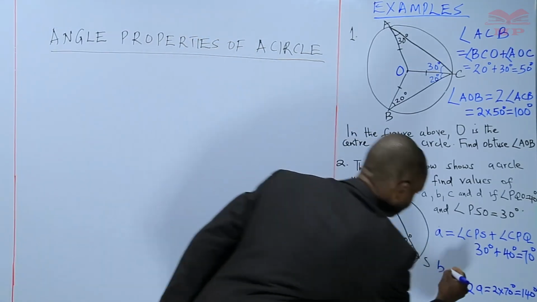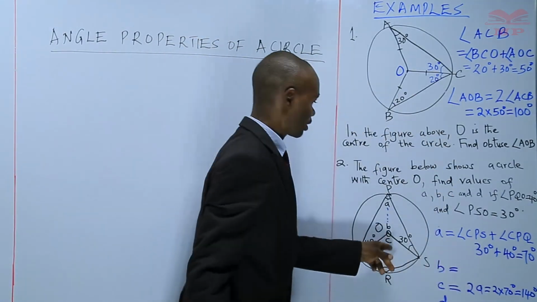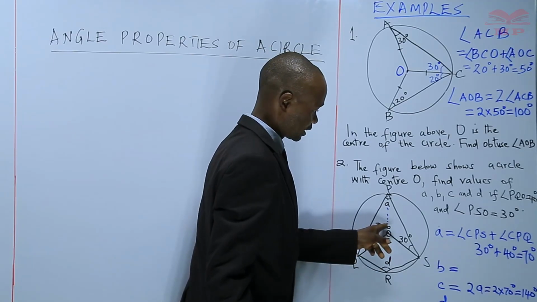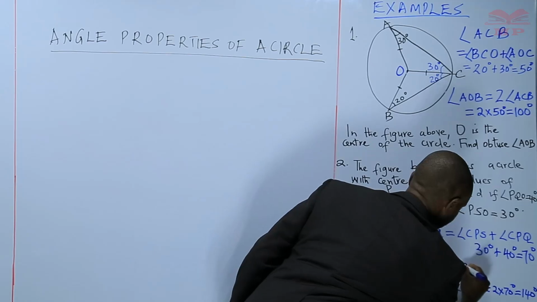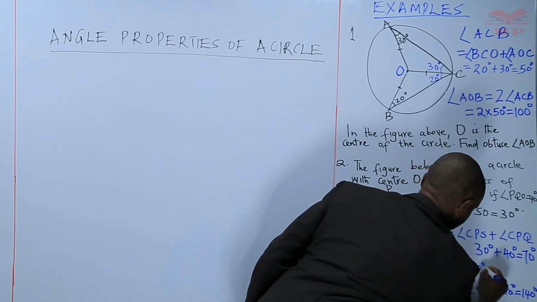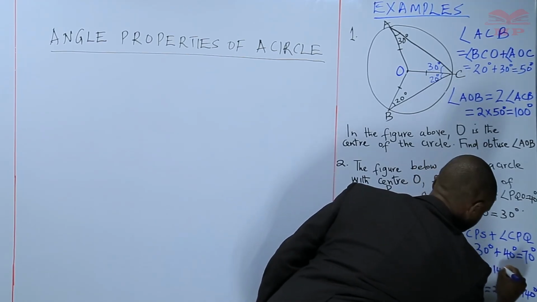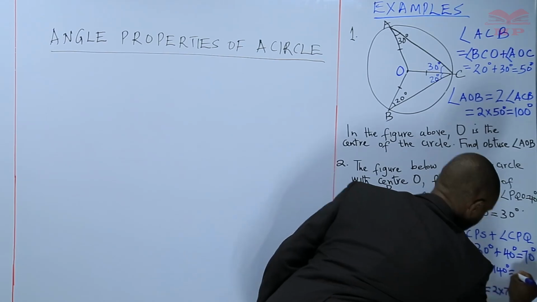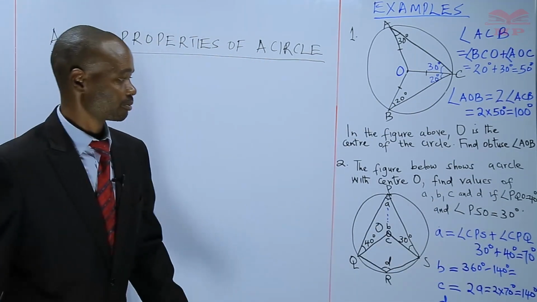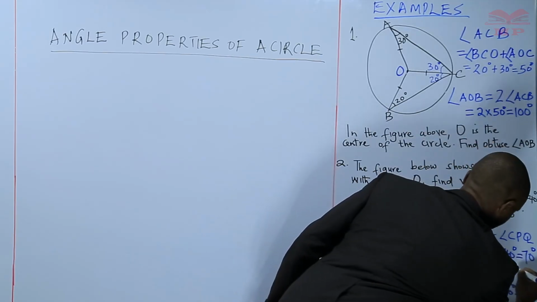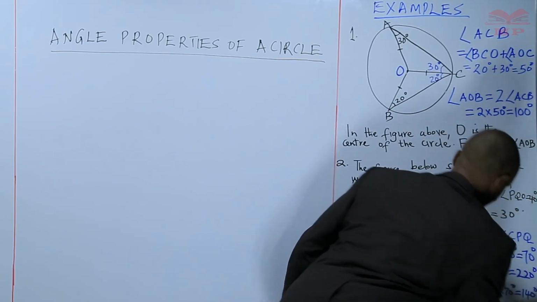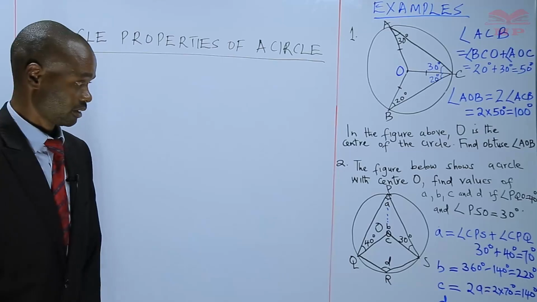So since the two angles add up to 360, B will be equal to 360 degrees subtract 140 degrees, and quick computation there will give you what? 220 degrees. You'd have got the value of angle B.